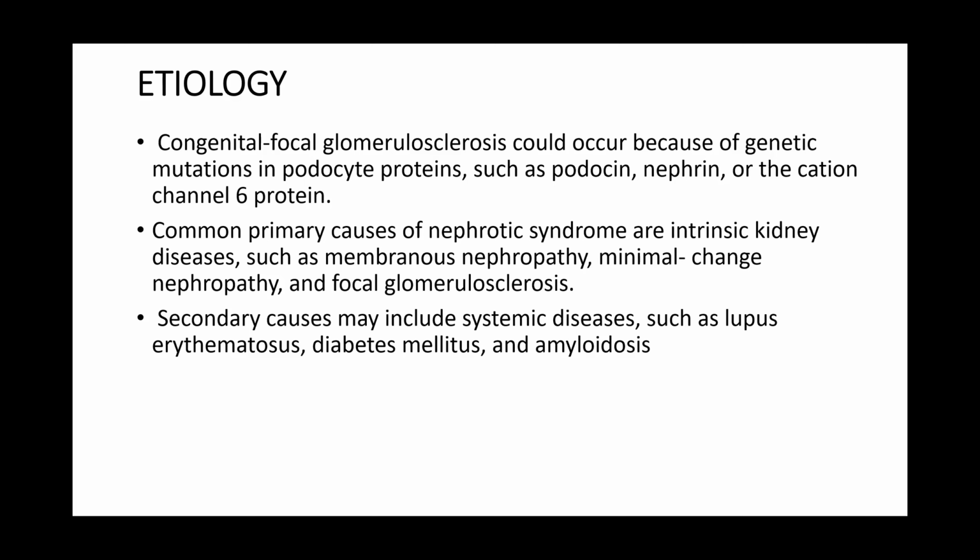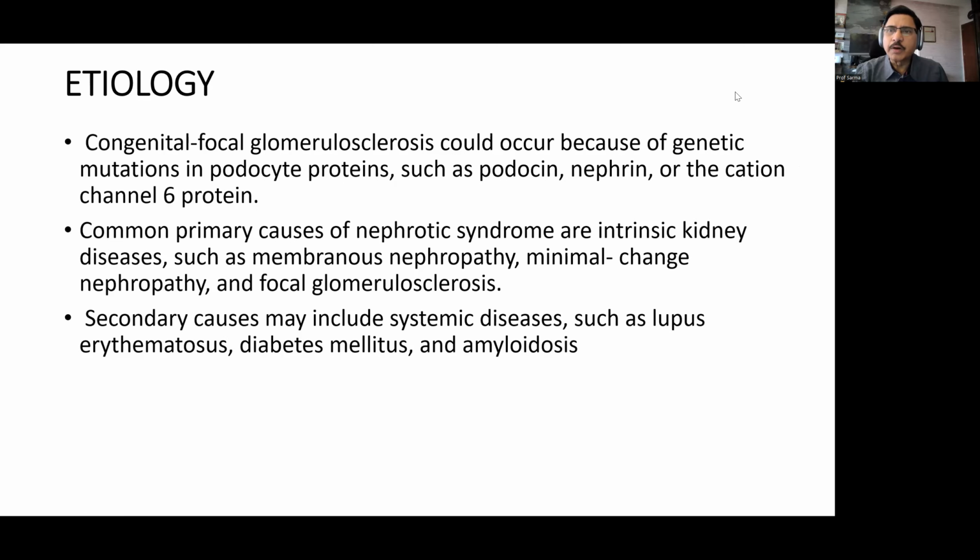It's very rare, no. Just because they are given in the article, how many congenital nephrotic syndromes we see? That is not at all a cause. There could be a sort of congenital nephrotic syndrome, in which case there will be a mutation of the podocyte protein, such as the podocin or nephrin or cation 6 protein. But that is not the common cause.